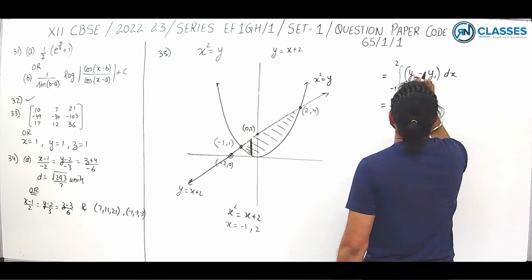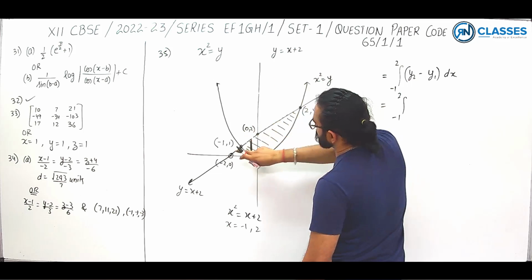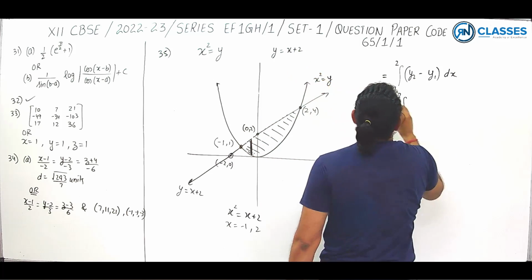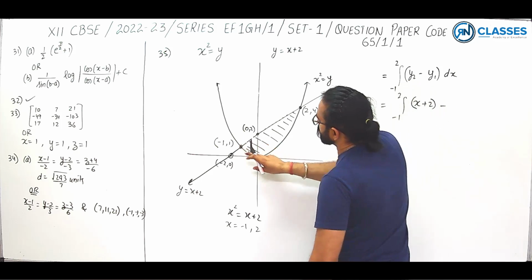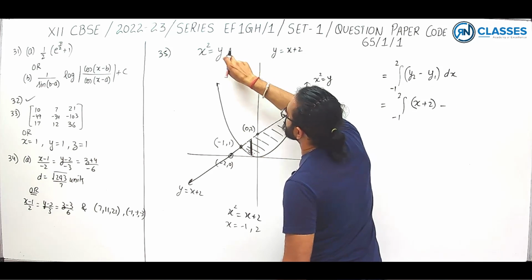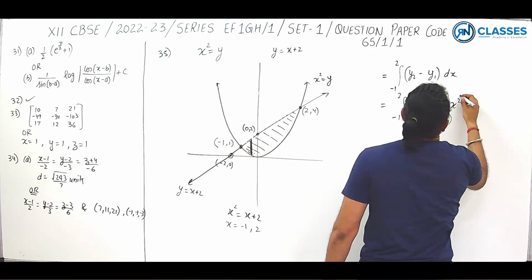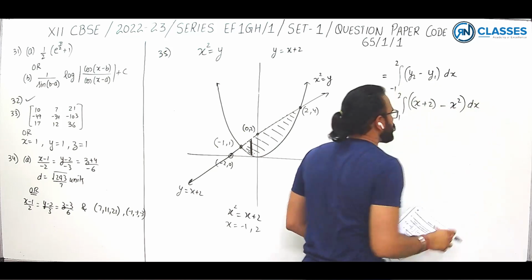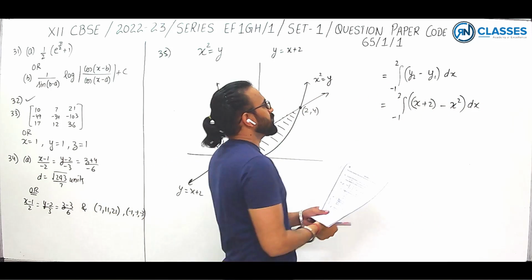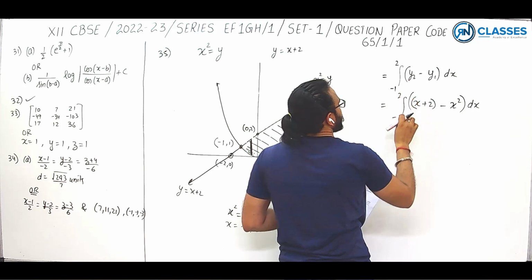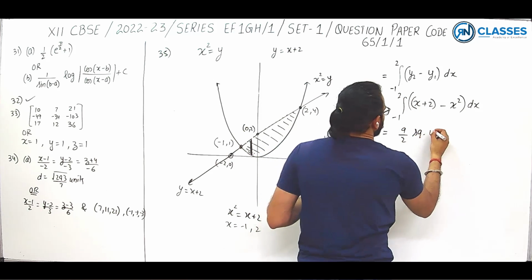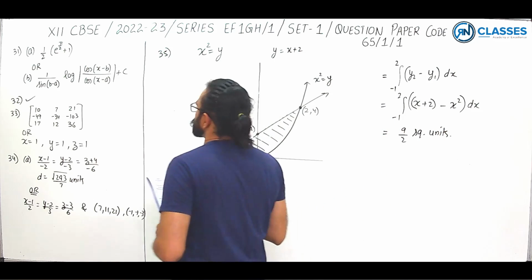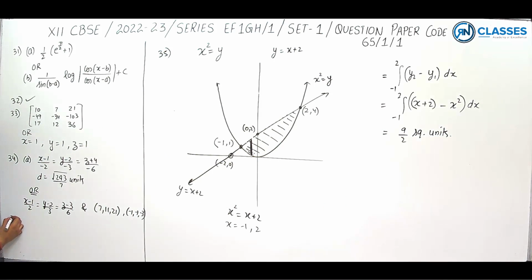Substituting the value of y2, the upper curve is the line, so y2 is x plus 2 in terms of x, minus the lower curve, which is this parabola, for which y turns out to be x square, into dx. Now you can easily integrate this part. Integrating, evaluating upper limit minus lower limit, the answer turns out to be 9 by 2 square units. So the answer to question number 35 is 9 by 2 square units.